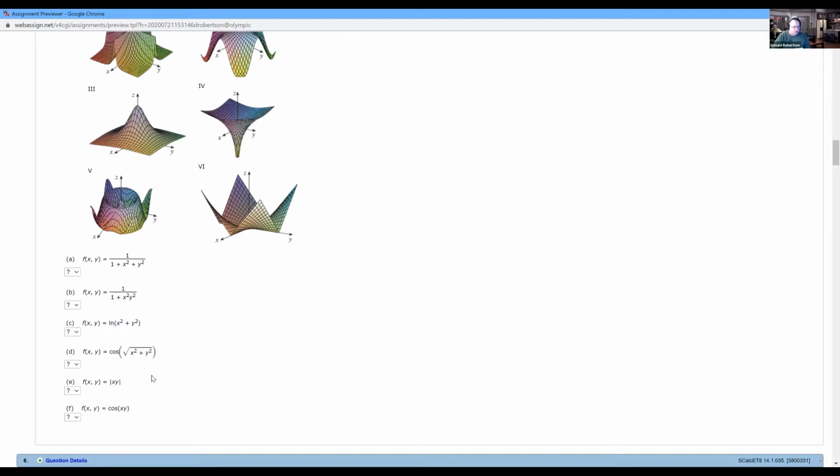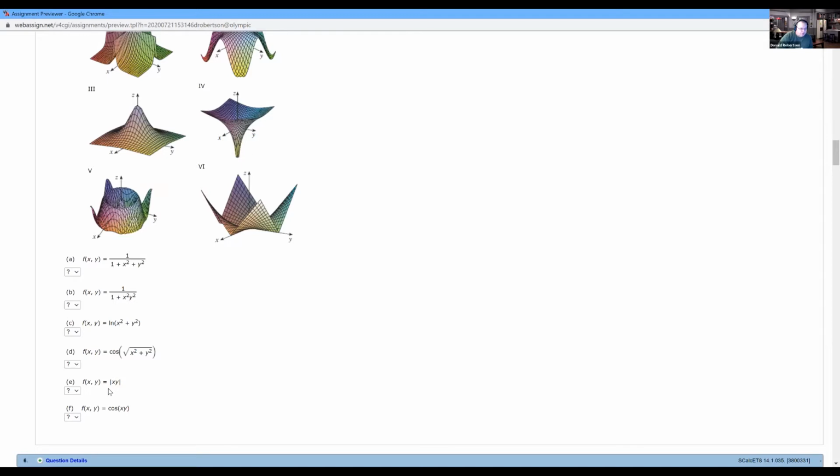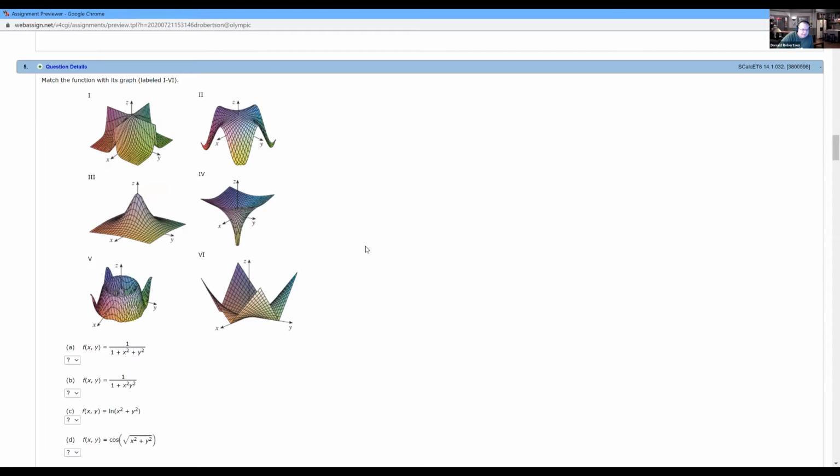Okay, let's see what kind of clues we've got here. Would you agree that because it's an absolute value, the z coordinates have to be positive and above the plane? So I guess that kills 4, doesn't it? I'm pretty sure it kills this one here, which is 2. I'm not sure about that one, so I'll let that one slide.